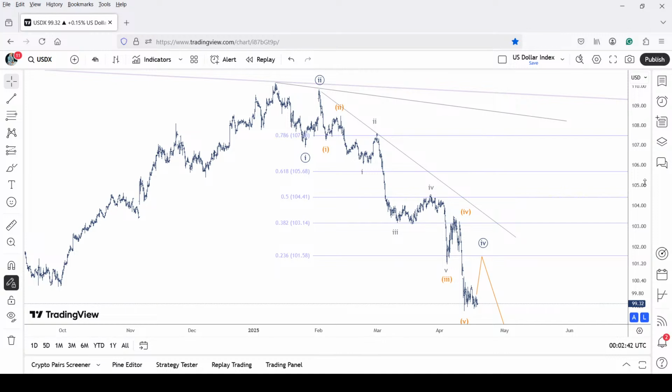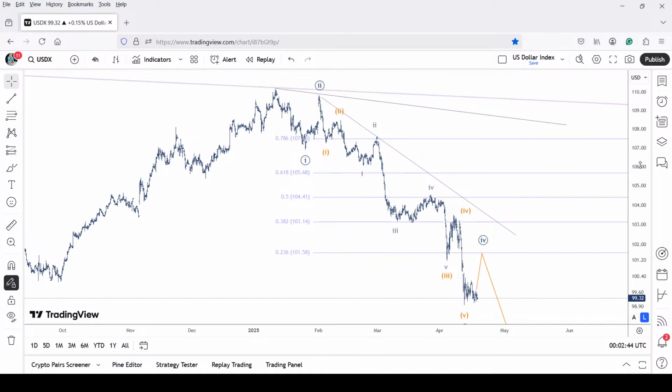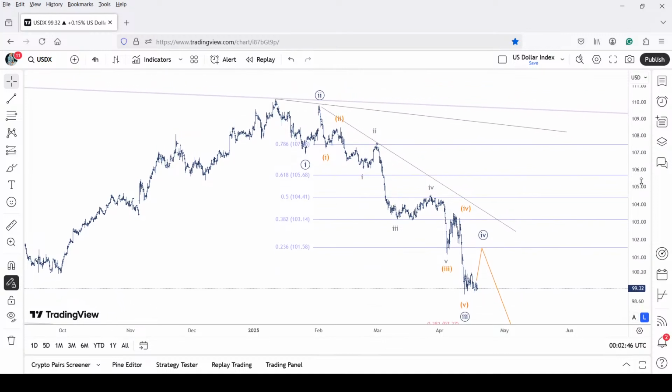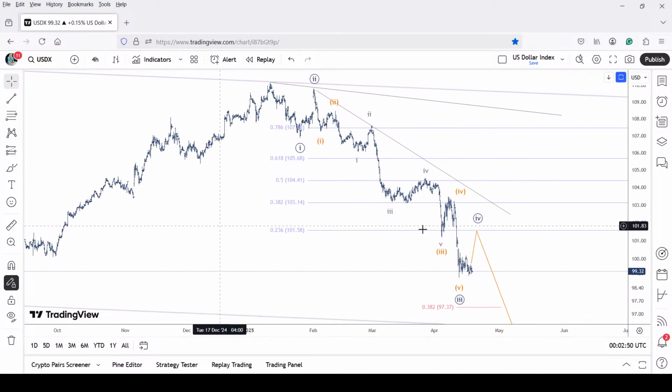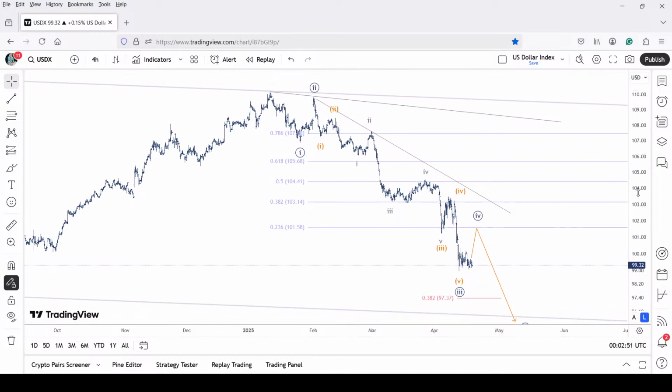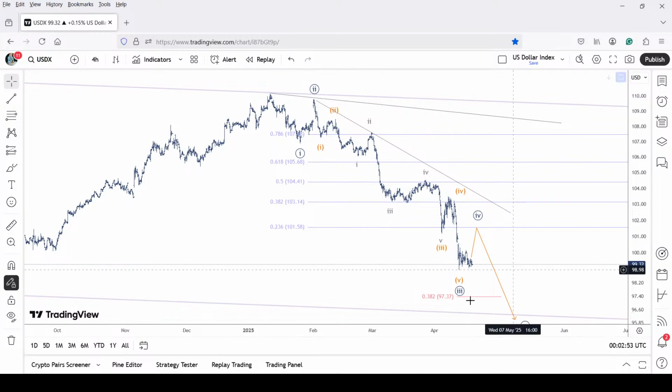All right, here's the dollar index chart up on your screens. Let me adjust a bit so that it fits your screens. From a price action point of view, sideways activity continues.